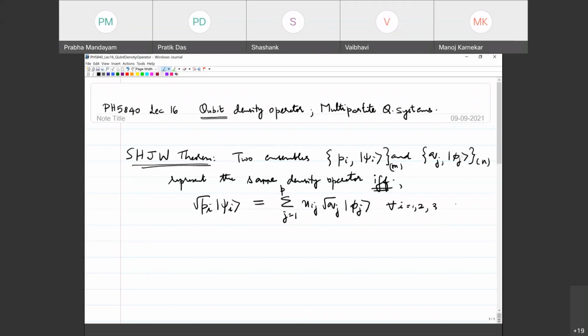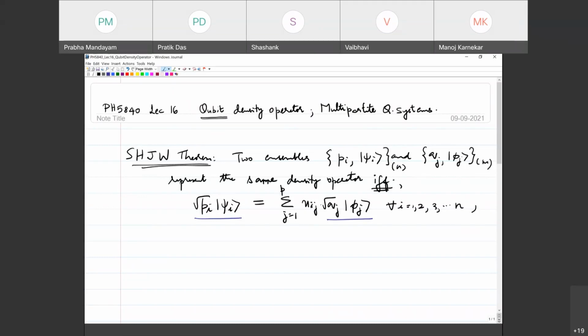Sorry, I think the other way around. This had m and this had n. Okay, it doesn't matter. I don't want to change from one class to the other. So if and only if they're related like this. Basically, one is relating the unnormalized versions of psi_i and phi_j, the weight coming from the corresponding probability distributions.